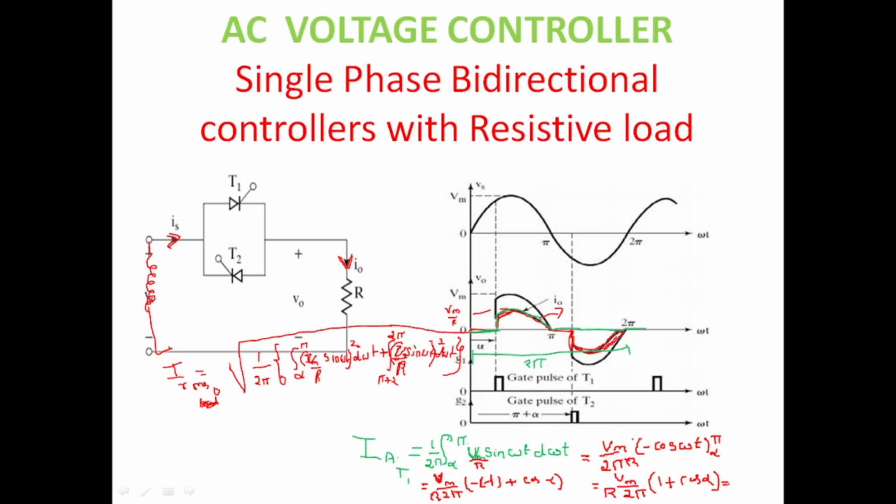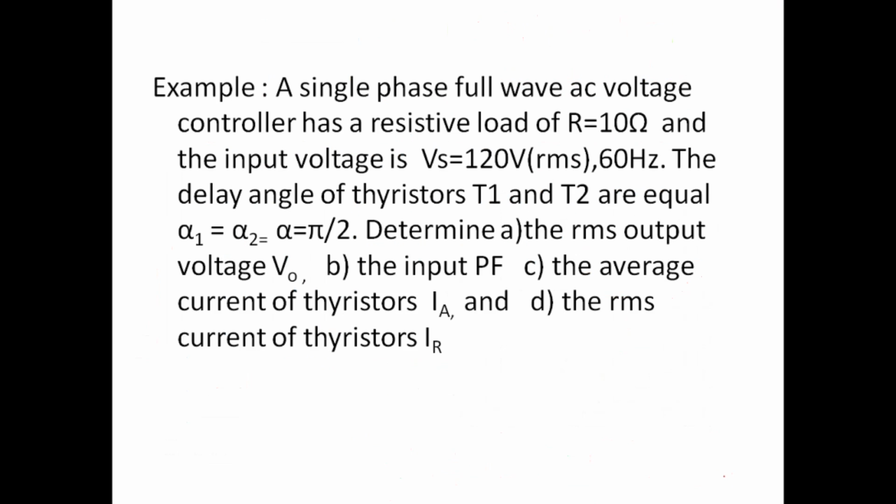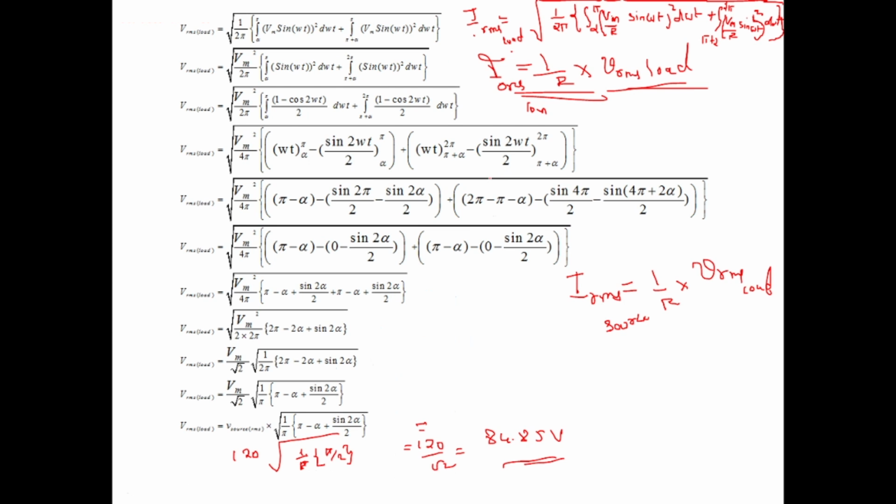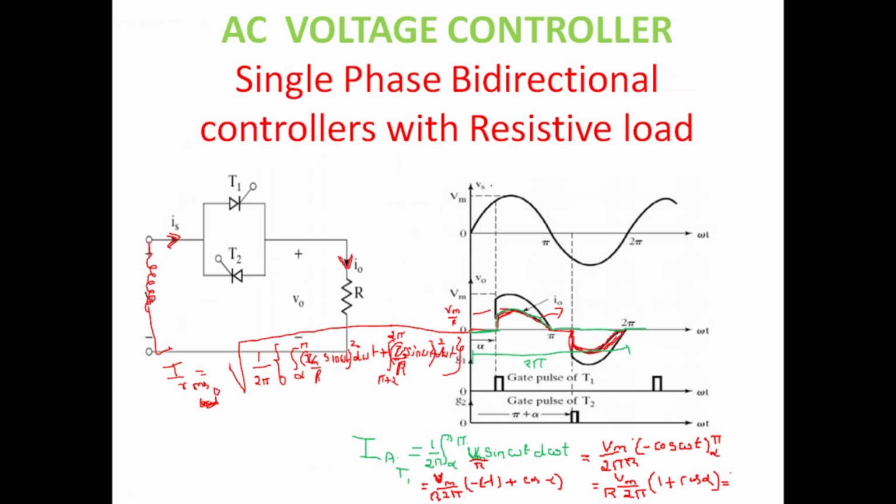So what is Vm? Given source voltage is 120. I should write this right now. Shall I write this value somewhere here?